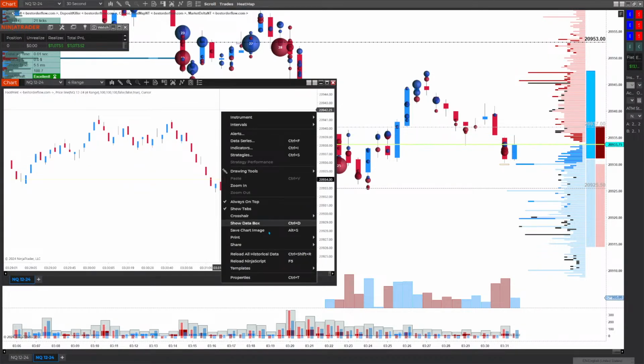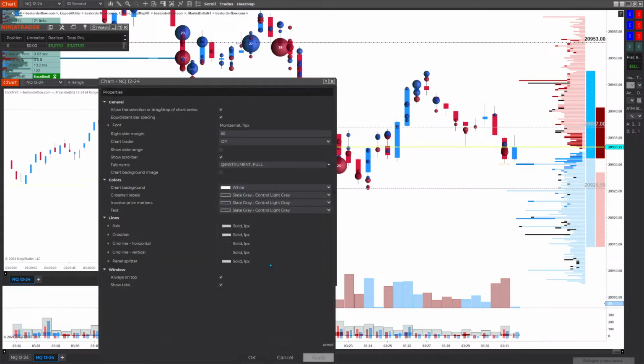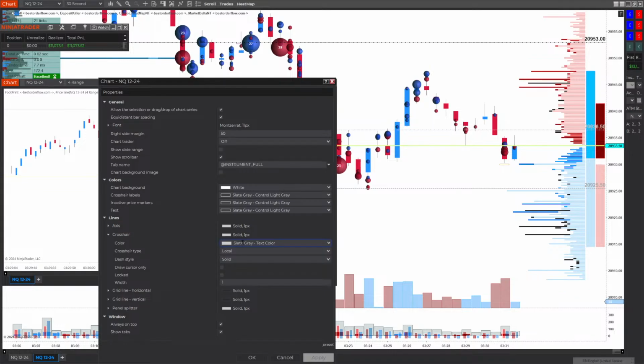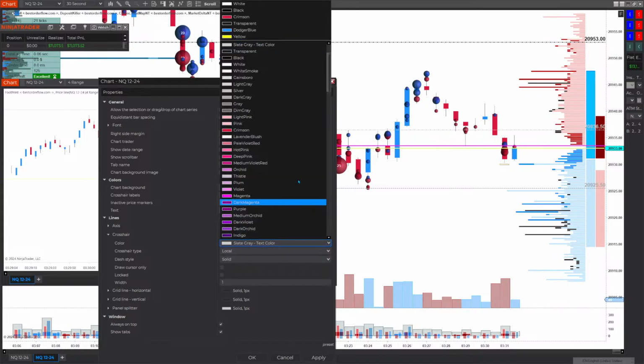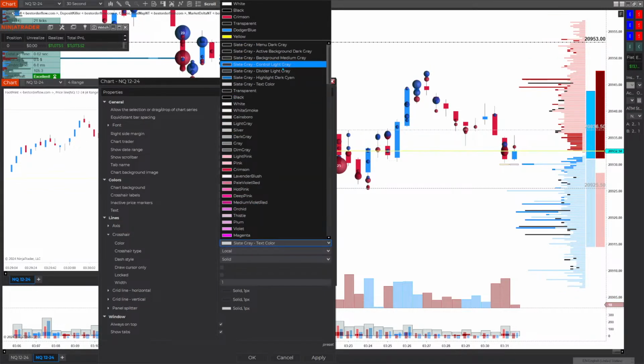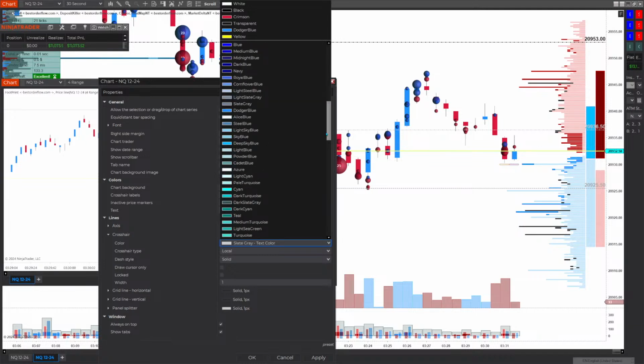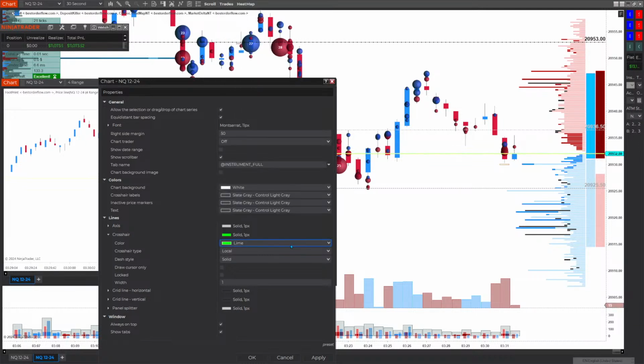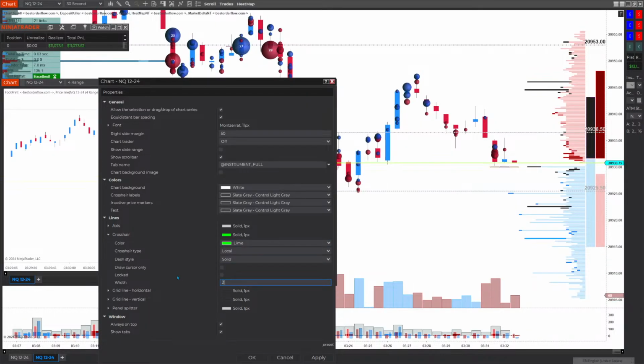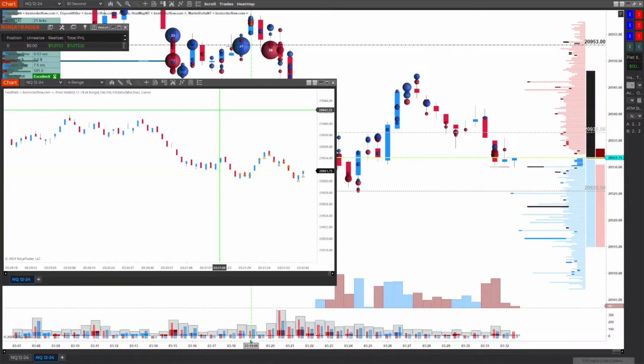Okay, I need to add the properties, and I need to make crosshair labels. Crosshair, instead of white, I'm gonna add it lime color. Lime should be visible, right? So lime, boom, lime, and I'm gonna make it a 2, so it's gonna be a little bit thicker.